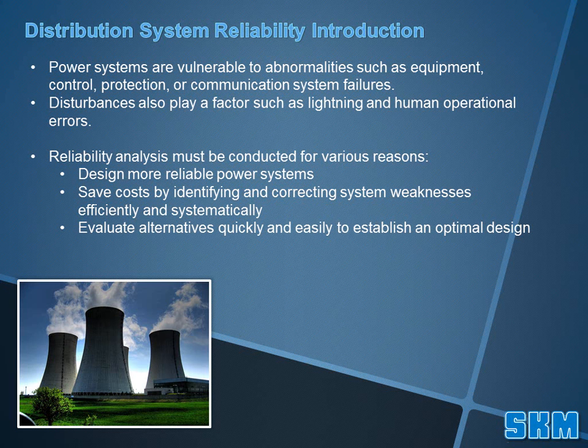Today, reliability analysis must be conducted for various reasons: to know how reliable or available your existing power system is, to design more reliable power systems, to save costs by identifying and correcting weaknesses efficiently and systematically, and to evaluate alternatives quickly and easily to establish an optimal design.